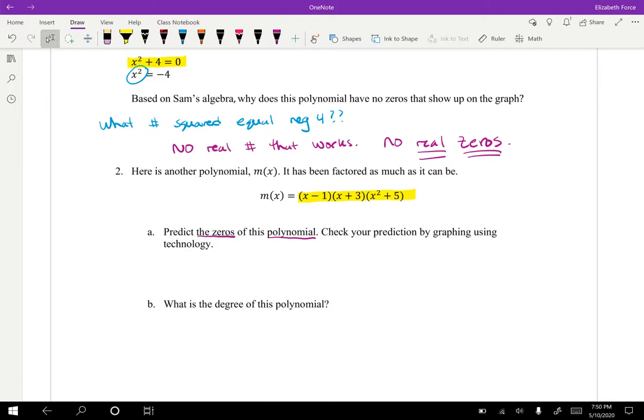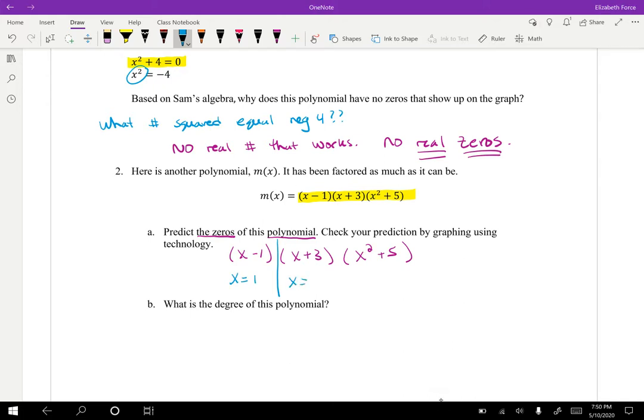So if we look at m of x, we have x minus 1, x plus 3, and then this x squared plus 5. I definitely know I have a 0 at 1, because 1 minus 1 is equal to 0.